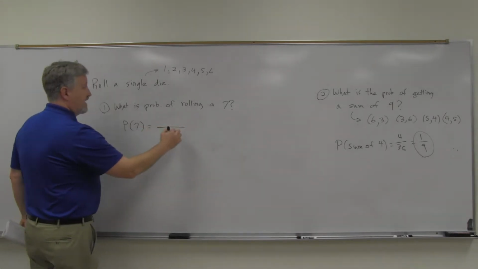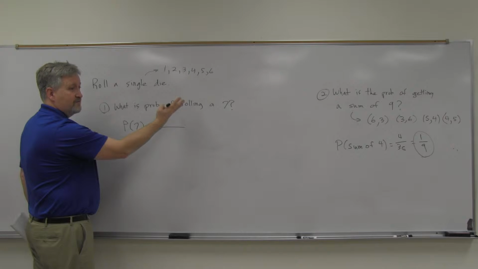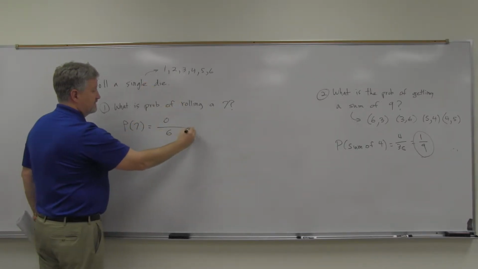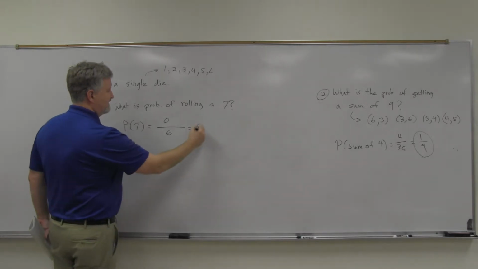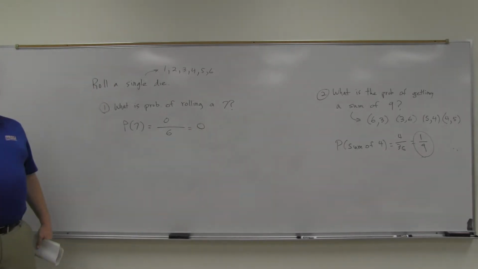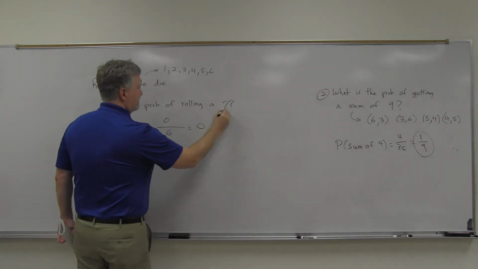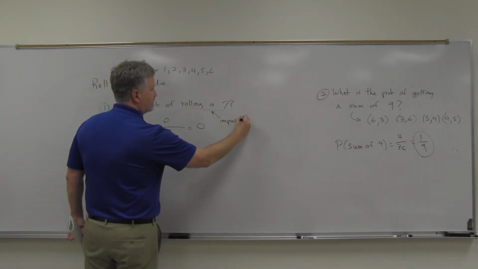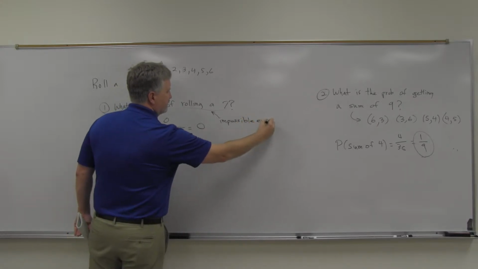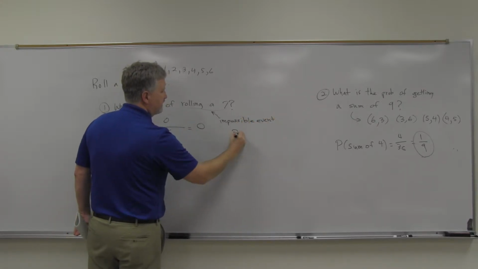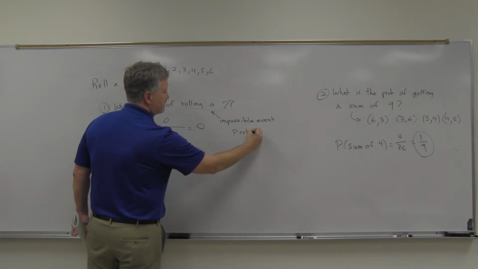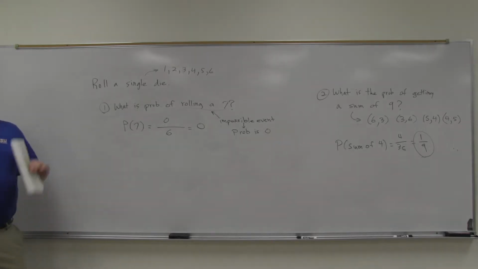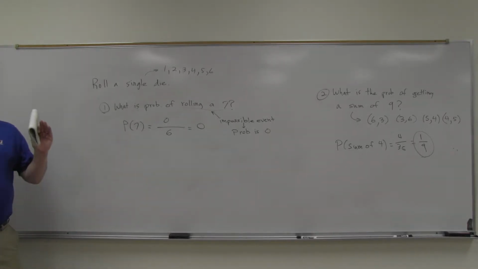Well, how many outcomes are 7? 0, right? 0 out of 6? What does that simplify to be? That's just 0. If you have an impossible event, like rolling a 7 on a single die, the probability of that is always 0.